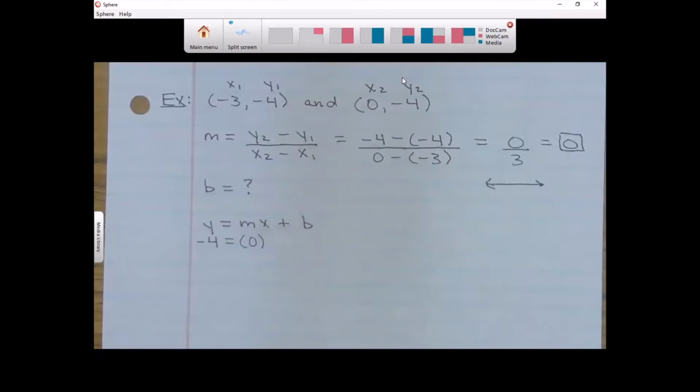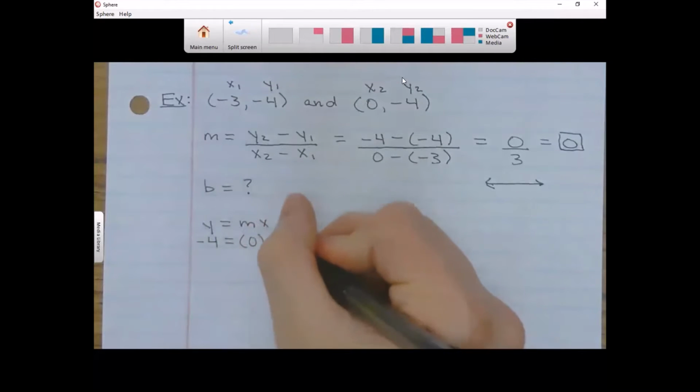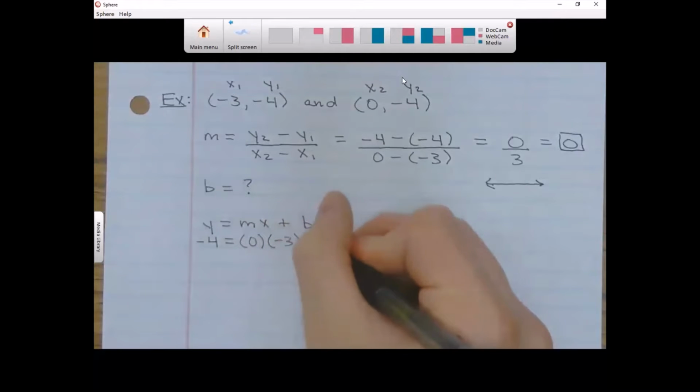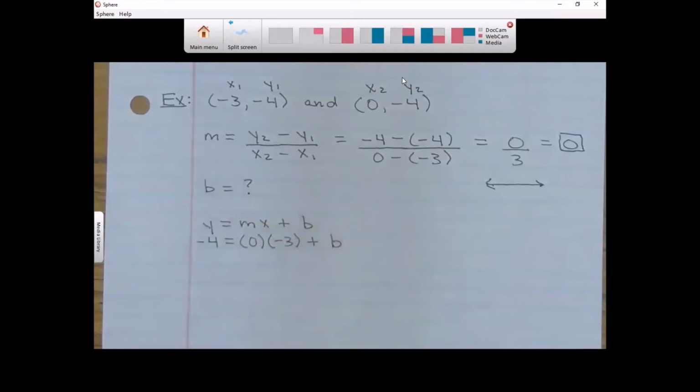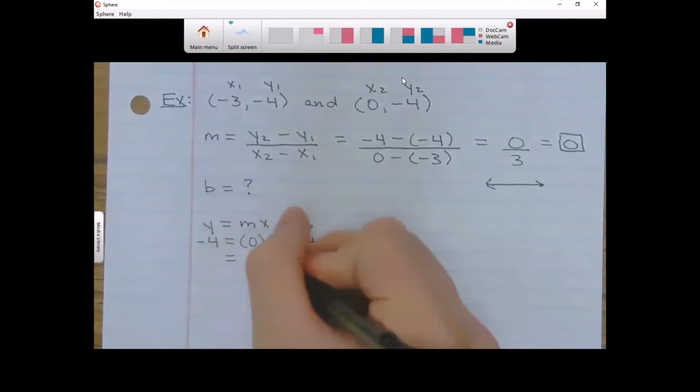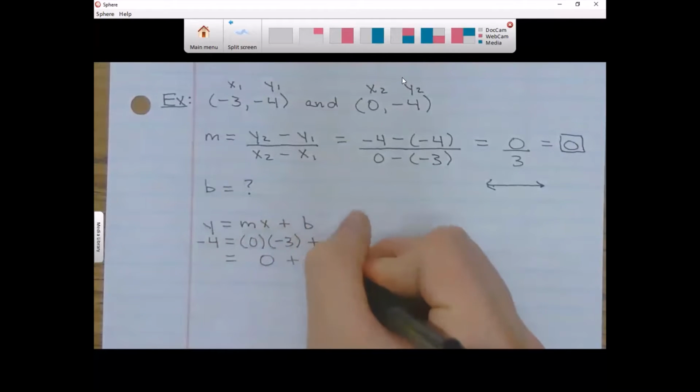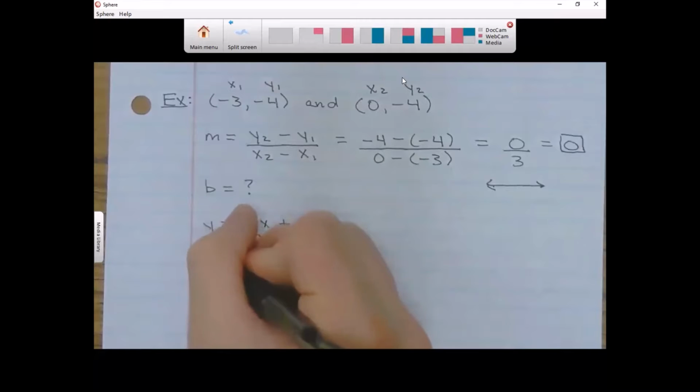X is going to be my x value. So looking up at this ordered pair, I know that the x value that they give me is -3, so I'll let x be -3. And then b, I'm not sure what that is yet, but we're about to find out. So 0 times -3 is going to give me 0. So I'm going to have 0 plus b equals -4.